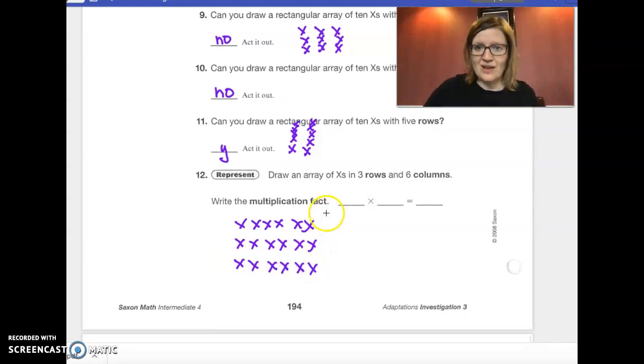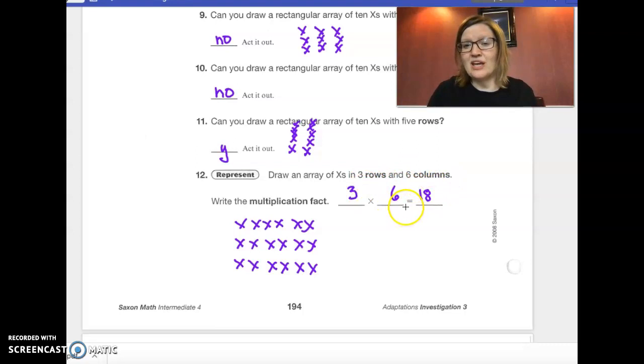And this represents the multiplication fact of 3 times 6 equals 18. And I remember this by thinking this is an adult. When you're 18, you get to vote. So this is my adult multiplication fact.